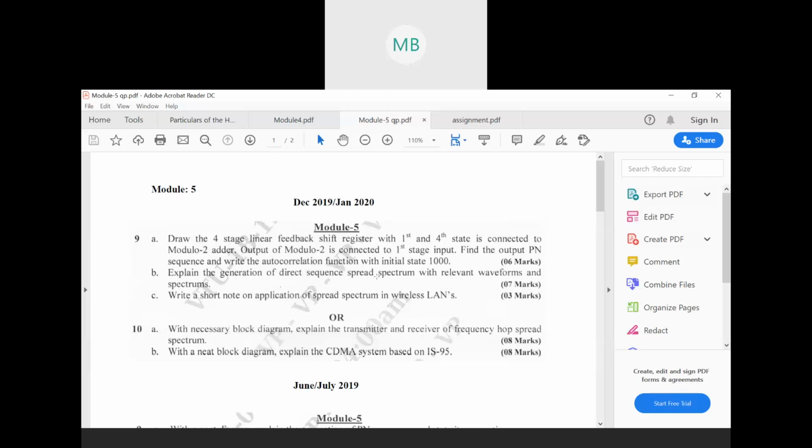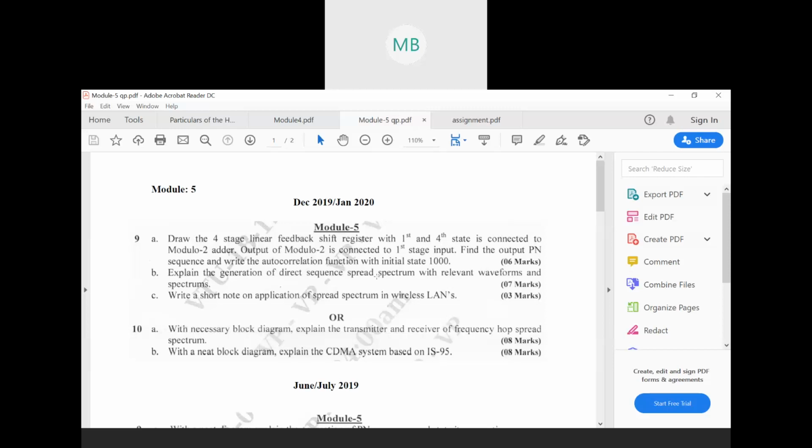It extends from minus 1 by Tc to plus 1 by Tc. Then the convolution of these two spectrums extends from minus (1 by Tc plus 1 by Tb) to plus (1 by Tc plus 1 by Tb). So draw this spectrum. Is it clear? The question is for 7 marks. Draw the block diagram, waveform, spectrum, and explain the operation.